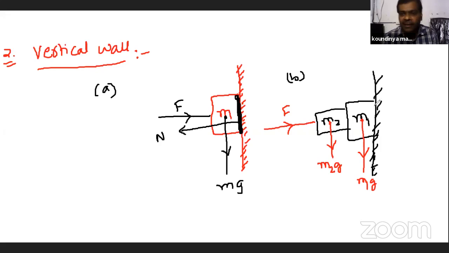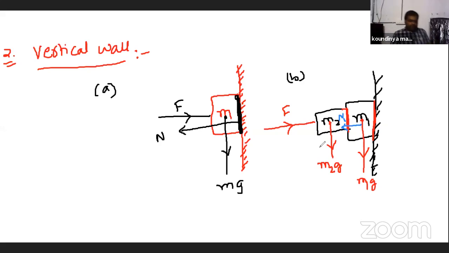What will be the normal force? This m1 is in contact with the surface, and m2 is in contact with the surface of m1. The normal force of m1 will act on m2, can I say?